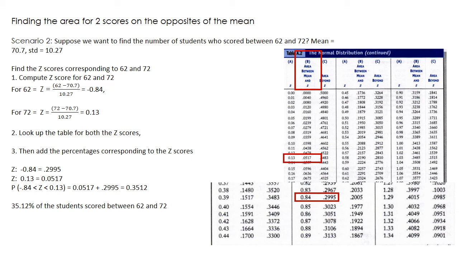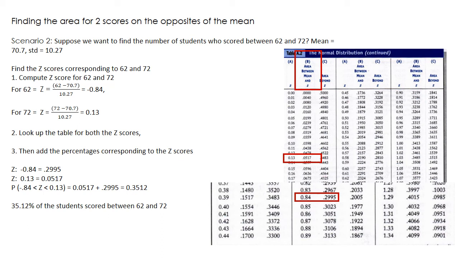So the first step is we have to compute our z-score. So find the z-score for 62 and 72. For 62, which is below the mean, this will be negative 0.84. And for 72, the z-score will be 0.13. These z-scores you have to find in the table.